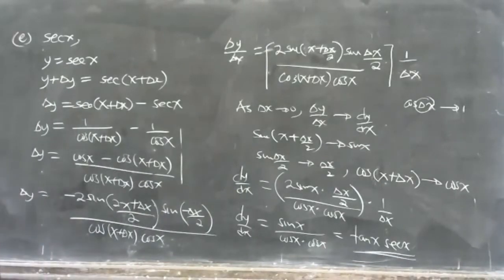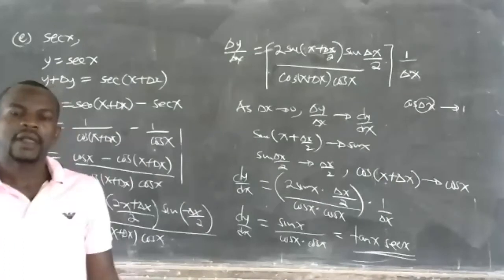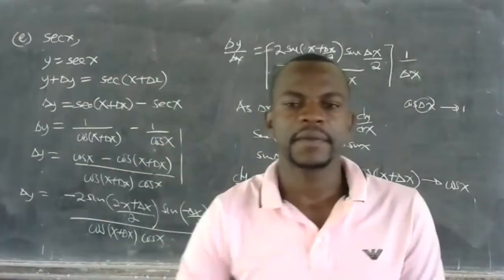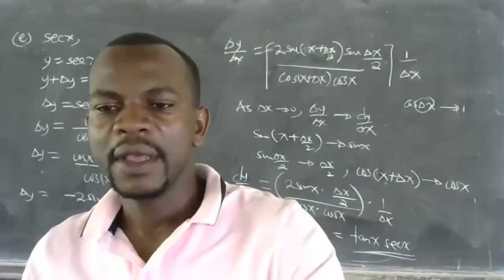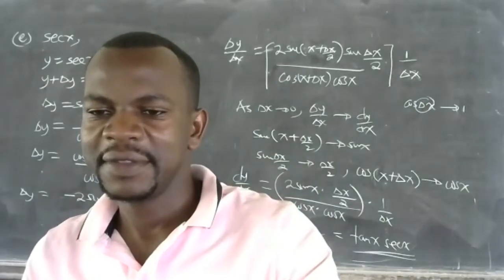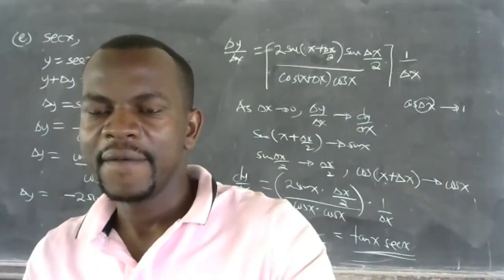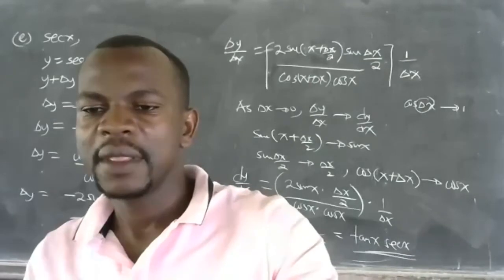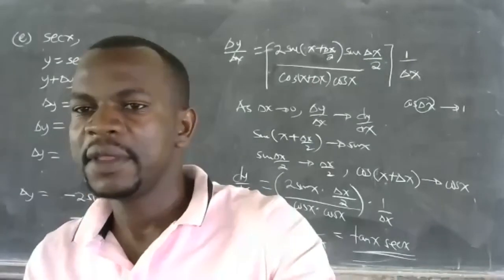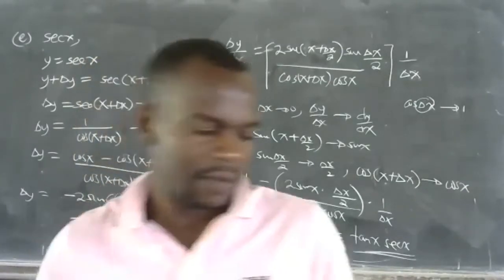Okay, do the last part. Differentiate cosec. Have you had? Everybody. Subtraction.